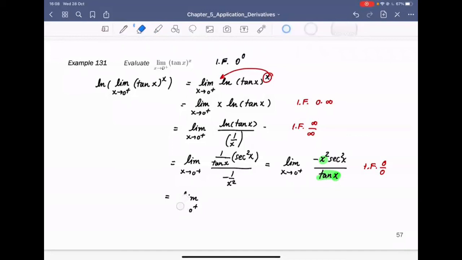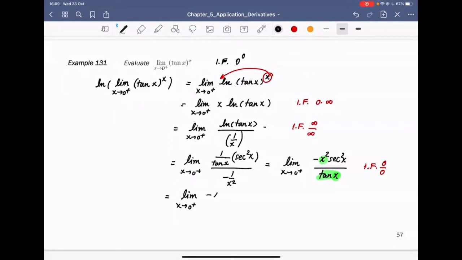Before we differentiate, I think we can cancel something, because tan and secant, you can cancel, right? So what I'm going to do is change it to sine and cosine, so it's a lot easier to differentiate. I do not want to differentiate x squared times secant squared because it's going to be messy.